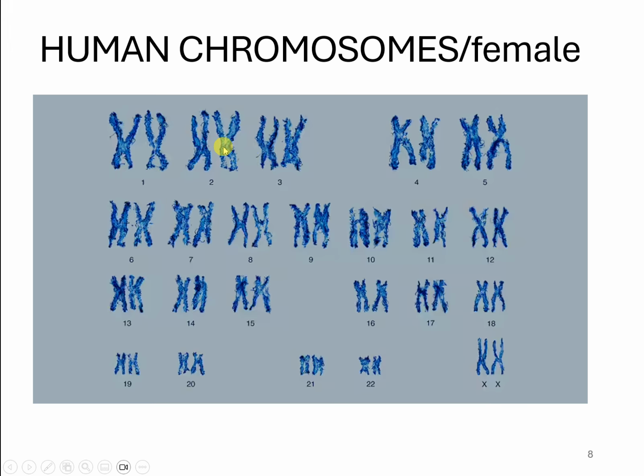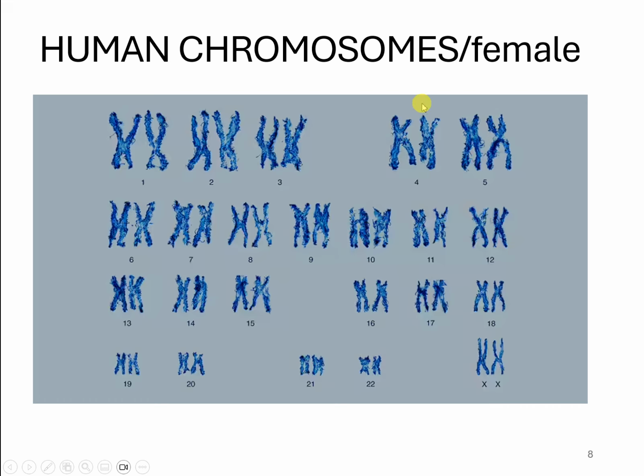Diploid means male and female cells both have 23 pairs of chromosomes. Autosomes are the chromosomes that are not in the sex cells, meaning not the sperm or the ovum, the egg cell.